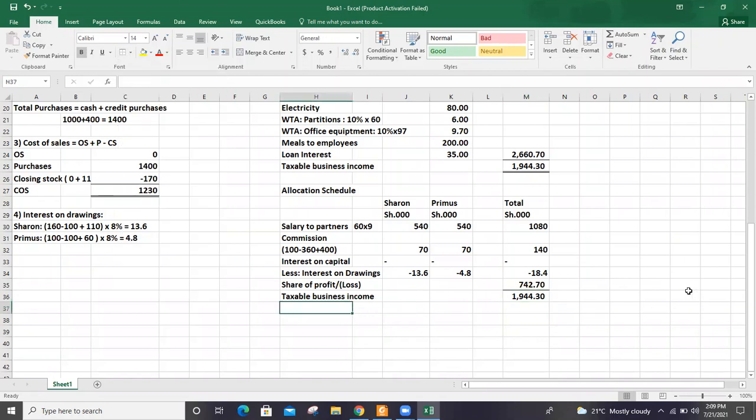Then I can bring in other incomes. We have the royalties. How much did we receive during the year?